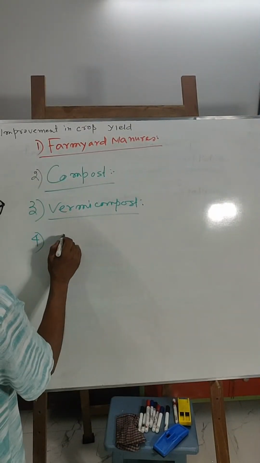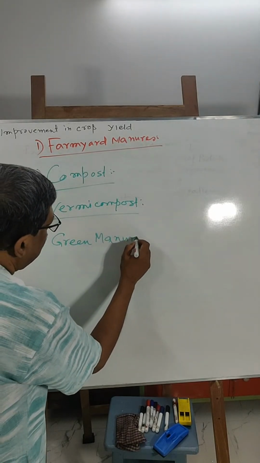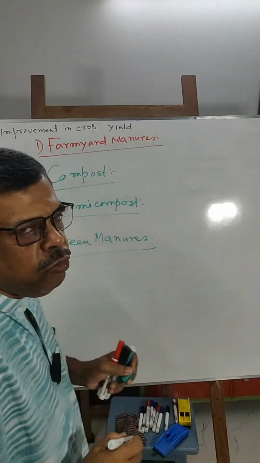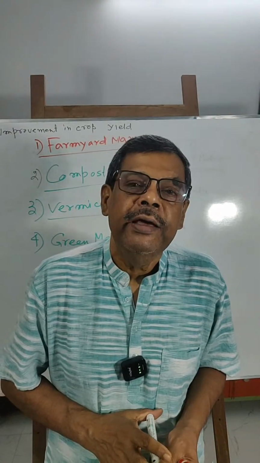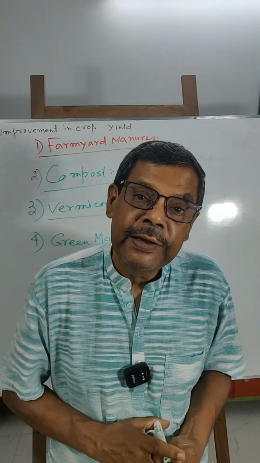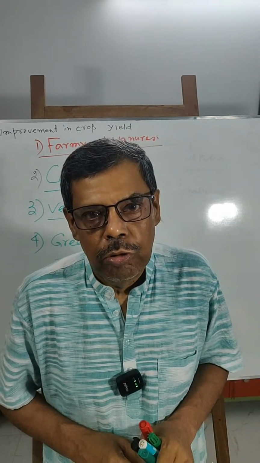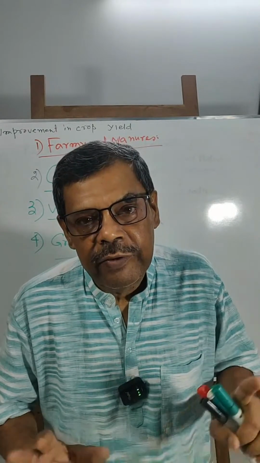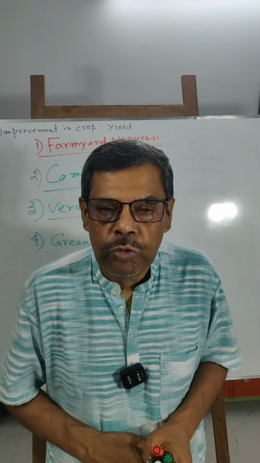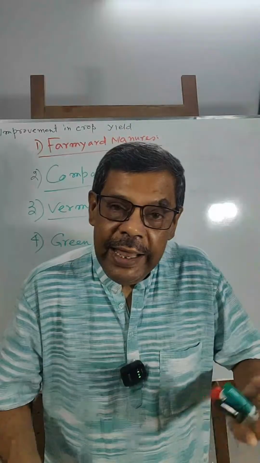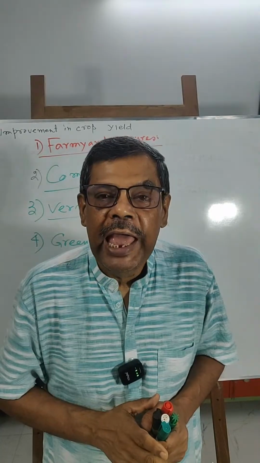Next, 4, green manures. Green manures may be called fast growing green plants. That is, leguminous plants are used for this purpose. They are grown in the soil for 4 to 8 weeks.